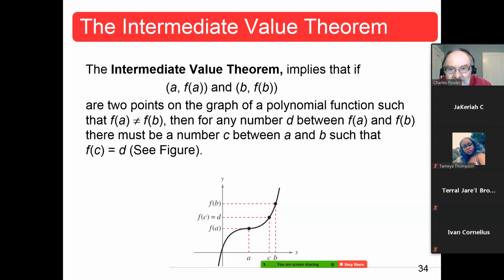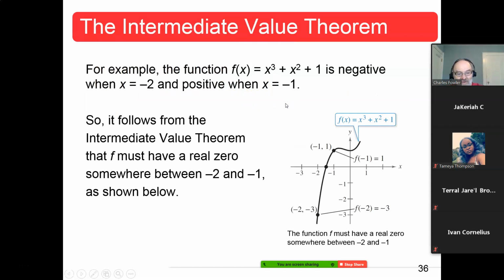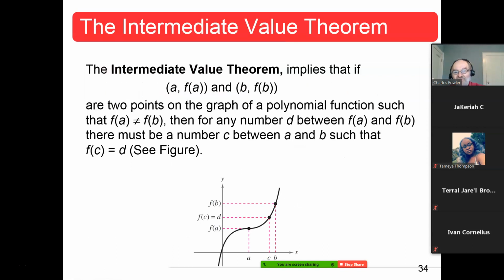Now, here it's stated a little differently. Let A and B be any real numbers such that A is less than B. If f is a polynomial function, and that's what we're dealing with now, such that f of A is not the same as f of B, then in the interval between A and B on your x-axis, f takes on every value between f of A and f of B. So not only is it just one value, it's any value.